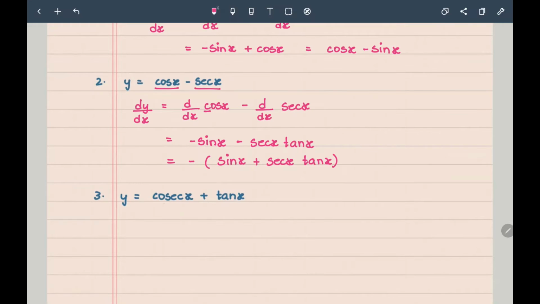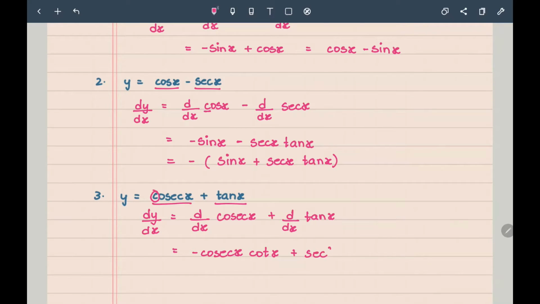Next question is y is equals to cosecant x plus tan x. Again, we can observe that there is a c, so you will get a minus term in the derivative. dy by dx is equals to d by dx of cosecant x plus d by dx of tan x, that is minus cosecant x cot x plus secant square x.